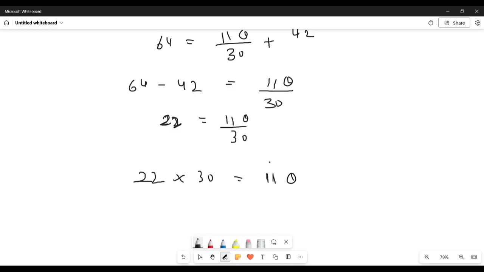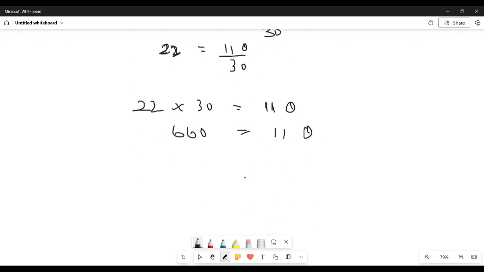So what is 11 times 30? I don't know. So we're going to use the calculator. 22 times 30, that is 660. 660, 11 theta. 660 is equal to 11 theta. Then we now know what to do from here.